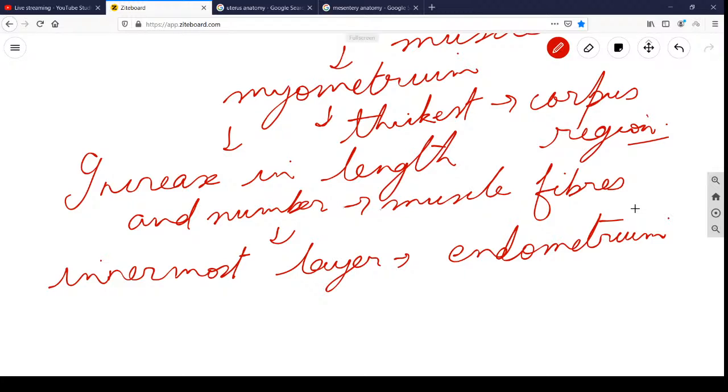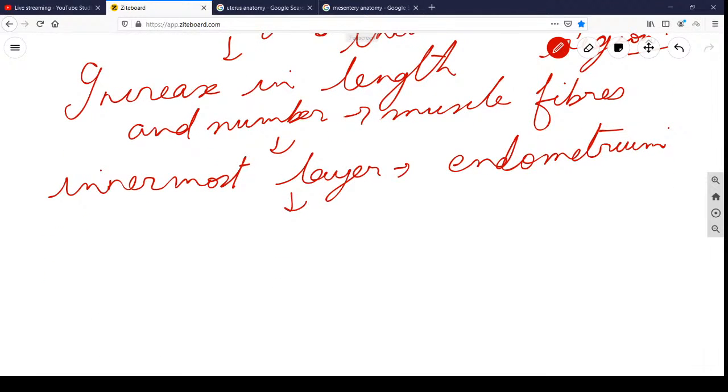Number one, the endometrium can be divided into an internal surface layer, the stratum functionalis, which is known as the functional layer, the innermost layer.